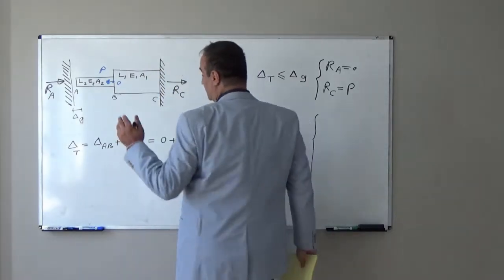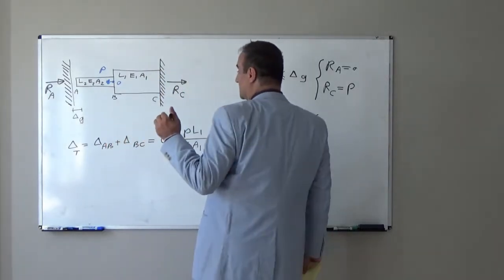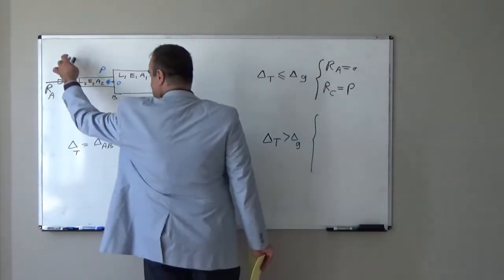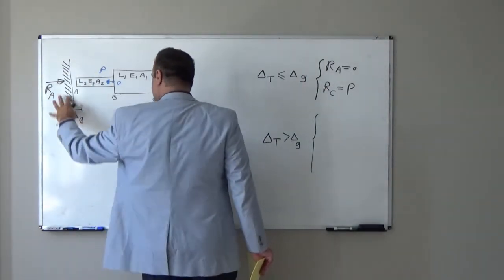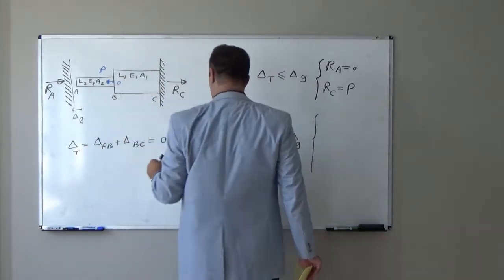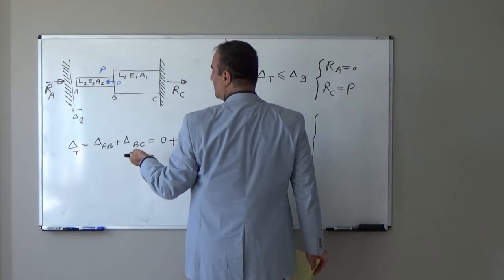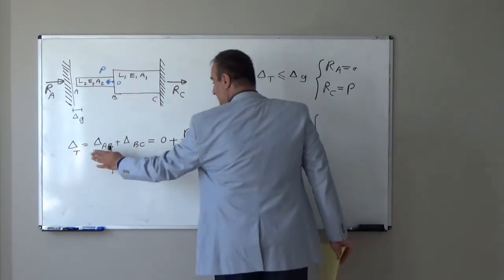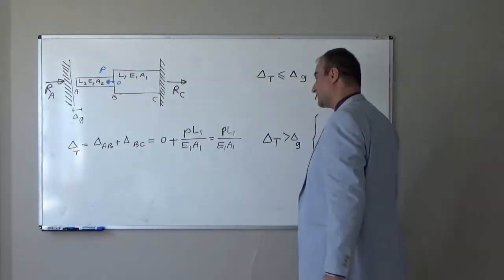So we can solve it like this. We assume we don't have this support. If we don't have support, this is free to move. I apply load, so the total deformation will be the deformation only of part BC. I can find the total deformation.